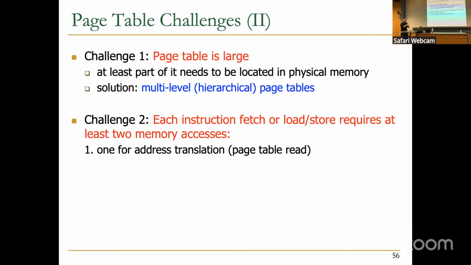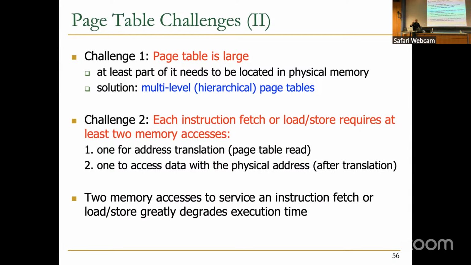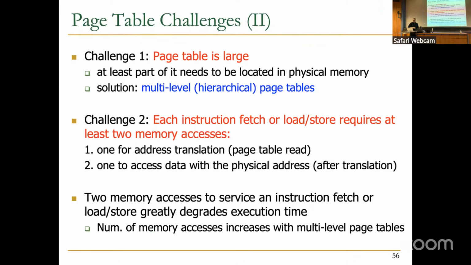The first is to perform the address translation, to perform the read to the page table. We need to go to the page table and read it to find out the physical address. So the second access we're doing is the physical address access. So we would need 2 memory accesses to service an instruction fetch or a data load store, which greatly degrades execution time.